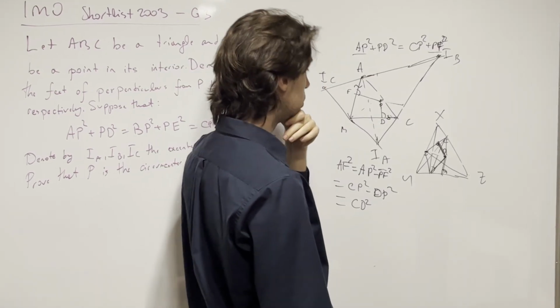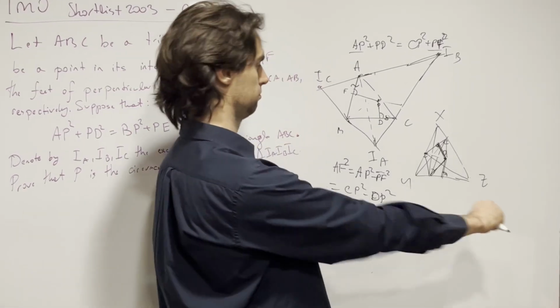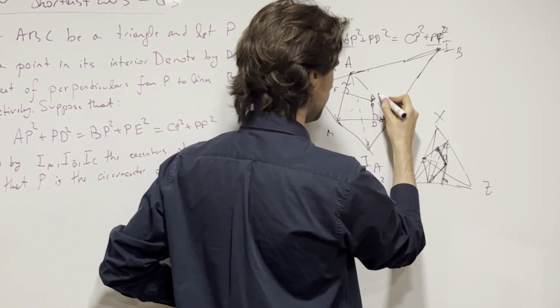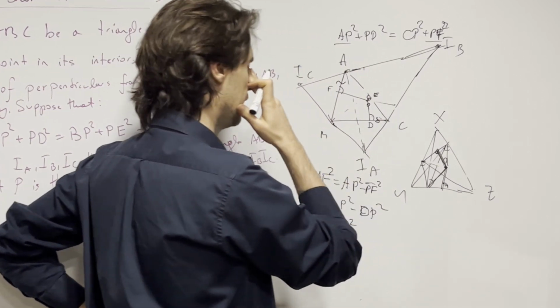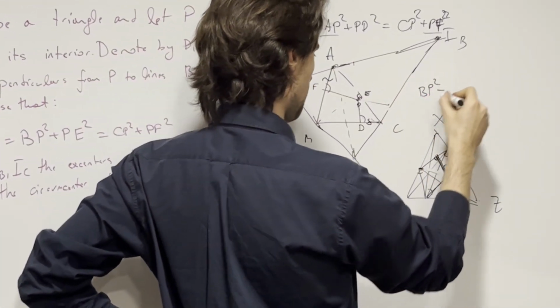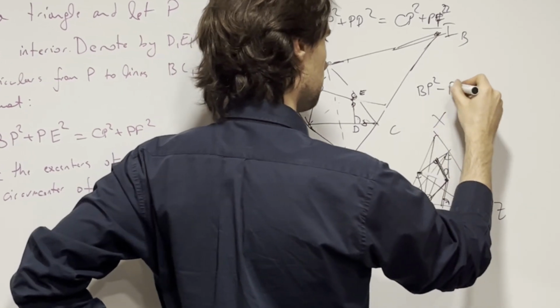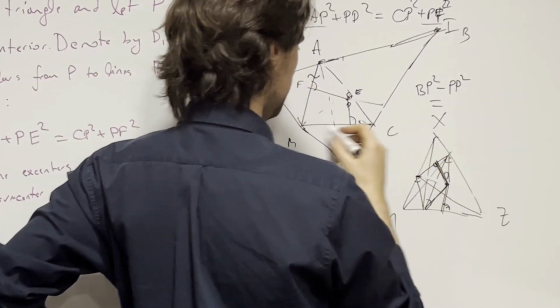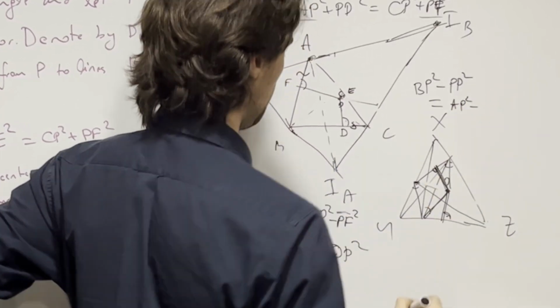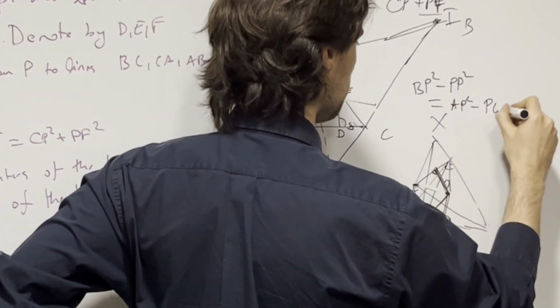So I should also get that, analogously, if this point is E, I'll have BP squared minus PD squared is equal to AP squared minus PE squared.